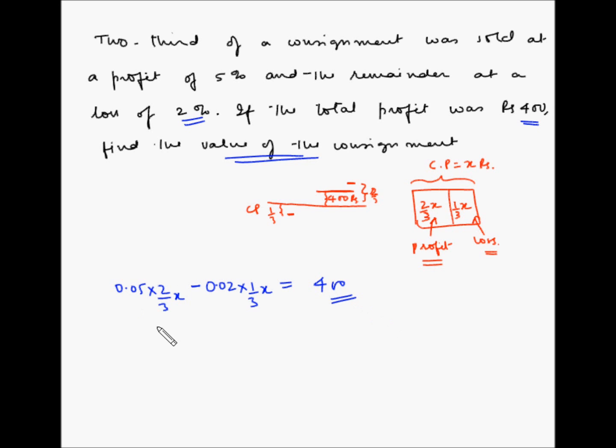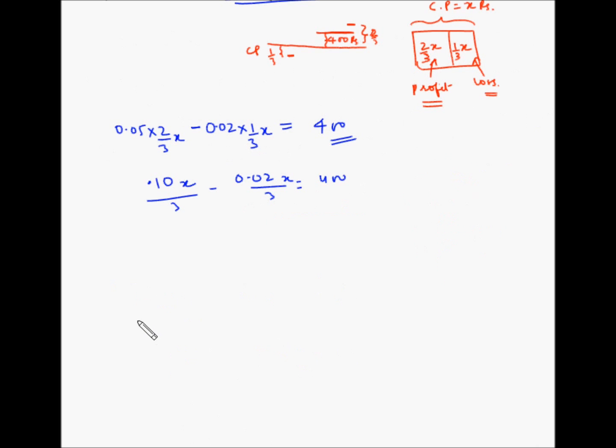So let's now calculate this. So 5 2s are 10, and then we have decimal point at 2 places. So 0.1 X divided by 3 minus 0.02 X divided by 3 is equal to 400, or we can take 3 as the LCM.